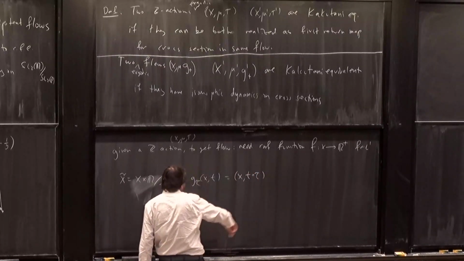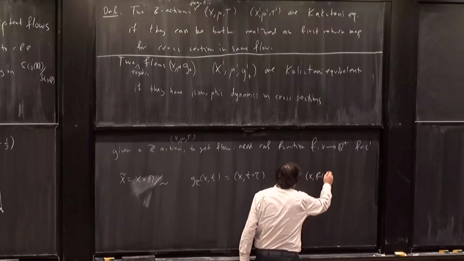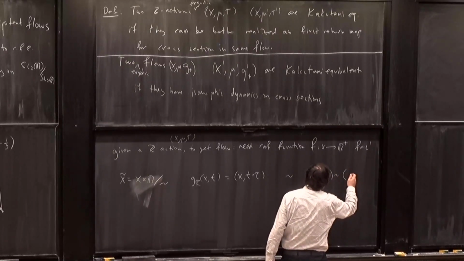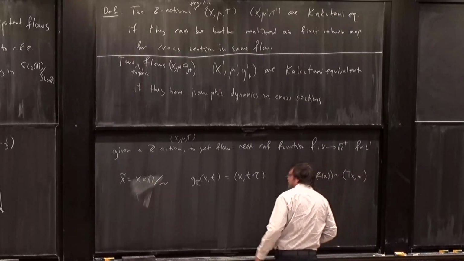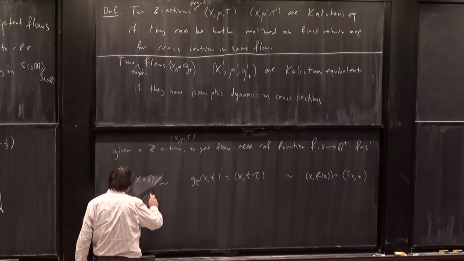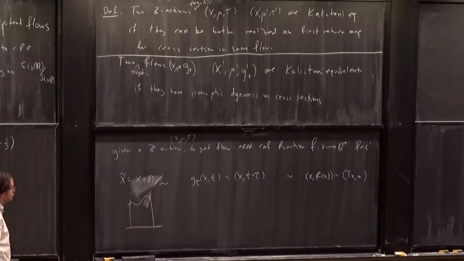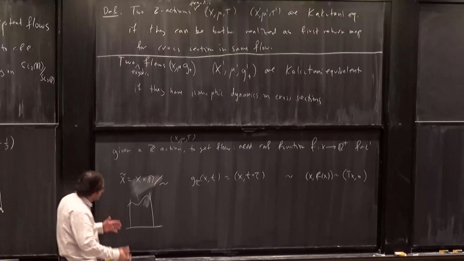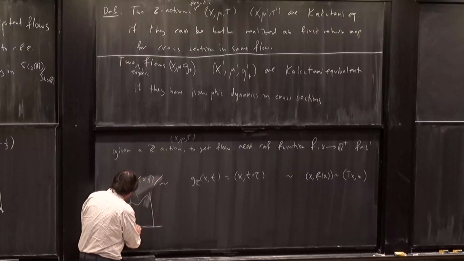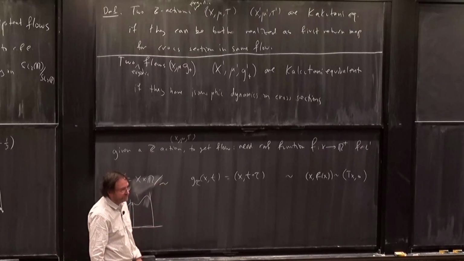And the equivalence relation just says that the point (x, f(x)) is equivalent to (Tx, 0). Okay, so basically, to get from a cross section to a flow, the abstract procedure that you do, ignoring topology of the space, etc., you need to know how far you can go before you return to your cross section.